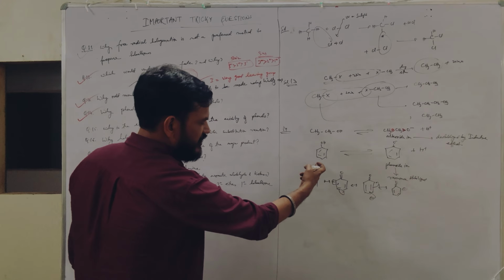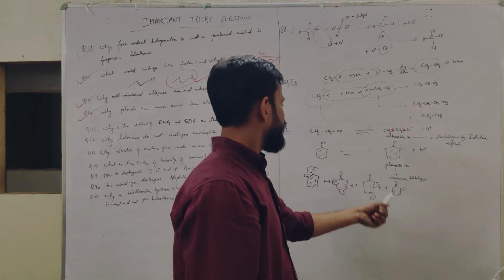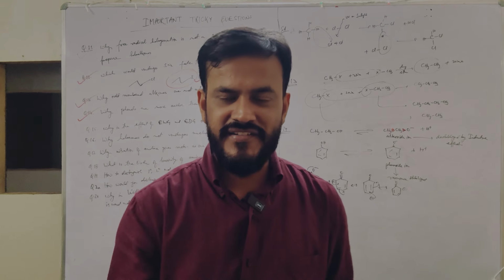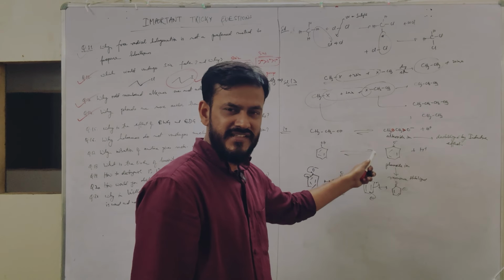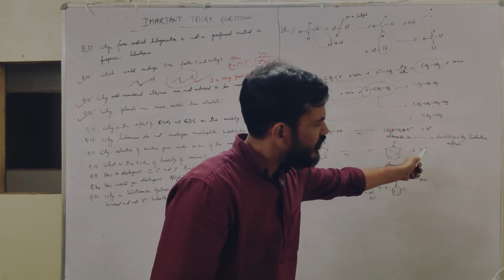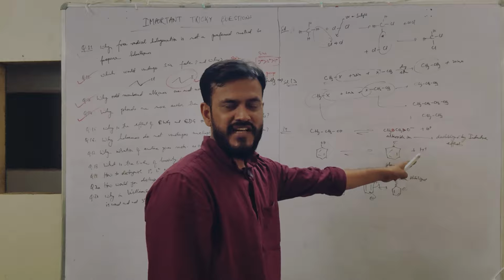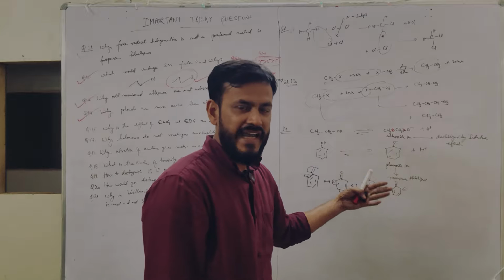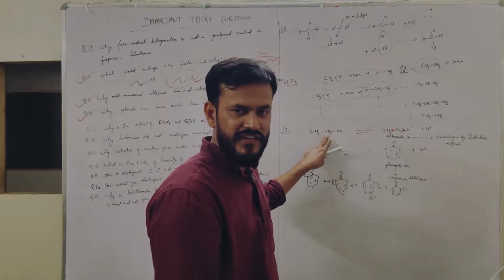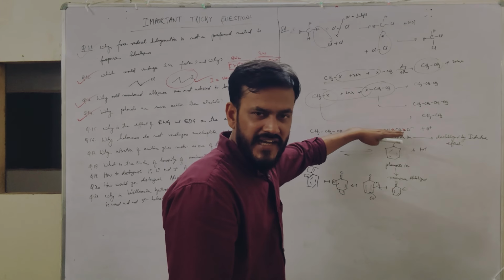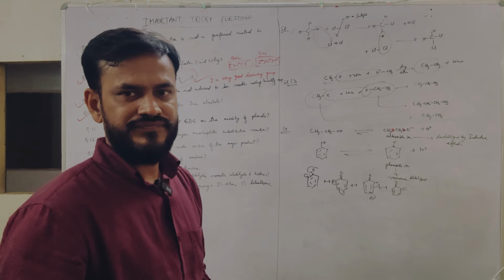So you see, the electrons on this phenoxide ion get resonance stabilized and revolve in the ring. Because of this resonance, the phenoxide ion is stable, and since it is stable, it can produce more and more hydrogen ions. So since it can produce more H plus ions, it is more acidic as compared to the alkoxide ion or aliphatic alcohol, because the alkoxide ion gets destabilized by the inductive effect. So that is the reason.